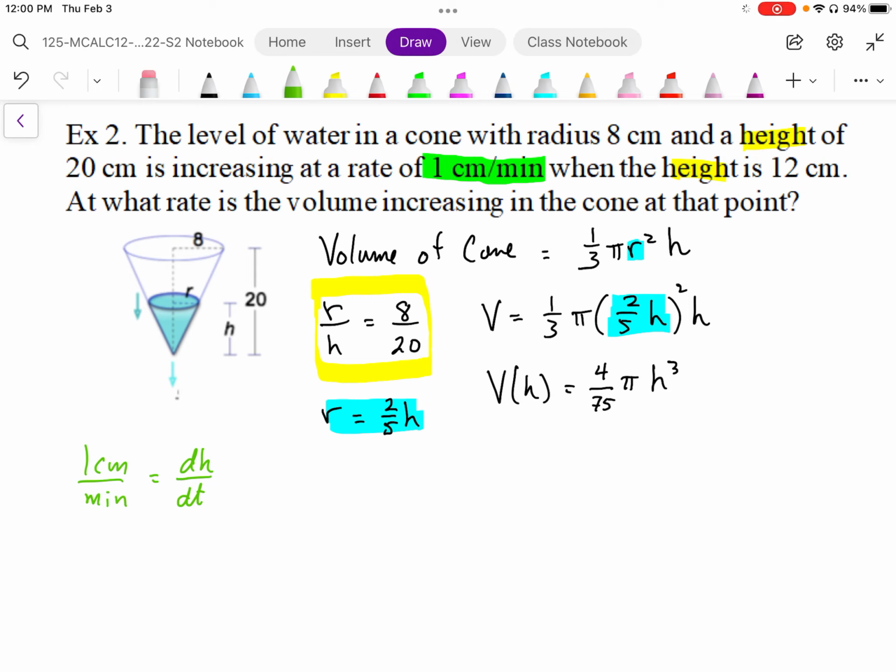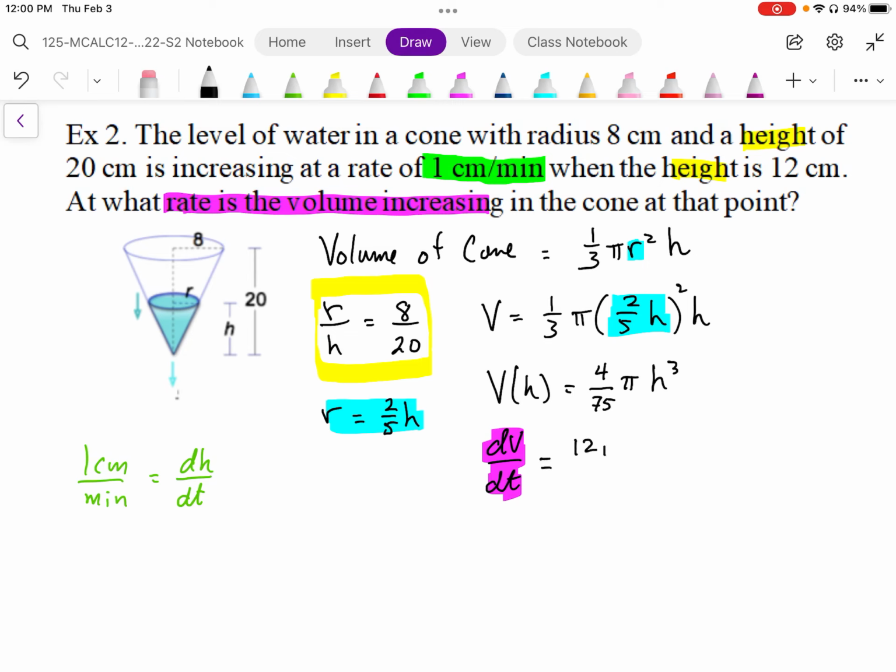I don't have a time variable in my formula, but I can introduce it with the chain rule. So I'm going to find dV by dt. Okay, that's what I'm looking for, the rate at which the volume is increasing. So I'm going to differentiate that with respect to time.